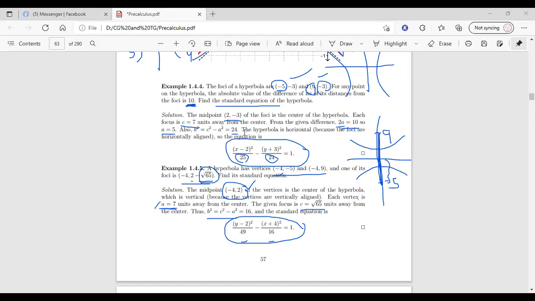The transverse axis of the hyperbola is vertical. If the x is negative, sir. Okay, very good. Next.